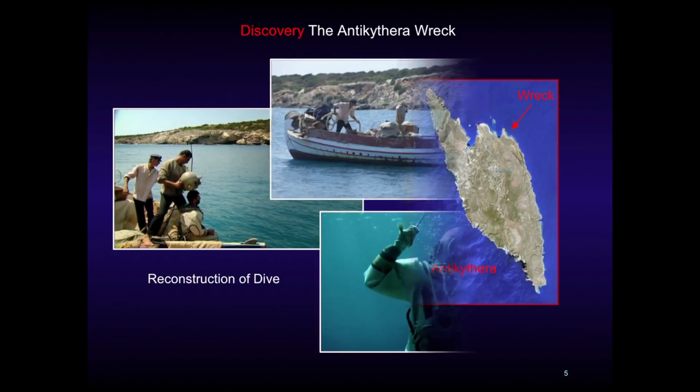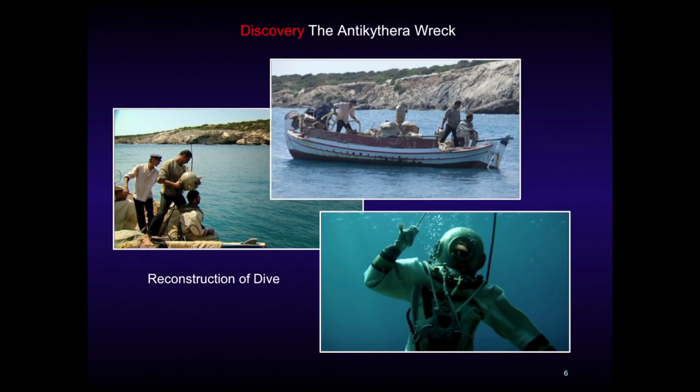But when the storm subsided, the captain, Demetrios Kondos, decided to send down one of the youngest divers, Elias Stadiatis, to see what he might find in the local waters. Stadiatis came up a few minutes later, trembling in fear, and said that he'd seen a heap of dead, naked people underwater.